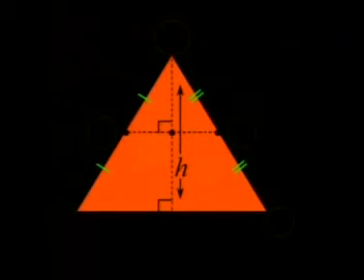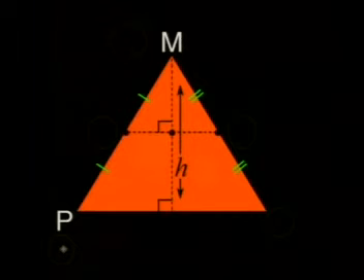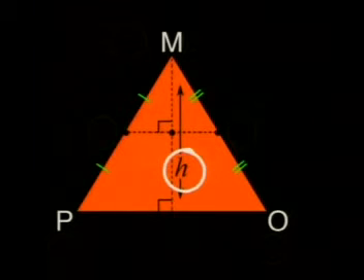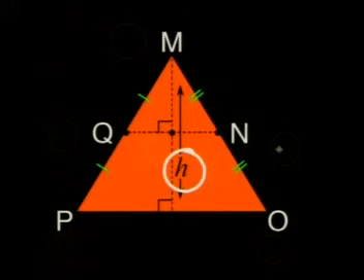Let's use a diagram to show you what we did. Let's call this triangle MPO with height H. We found the midpoints of the two sides of the triangle by folding. We label them Q, N, and join the line. I'm also going to label this point here S, where the perpendicular meets the line QN.